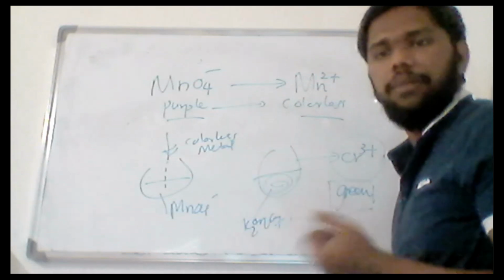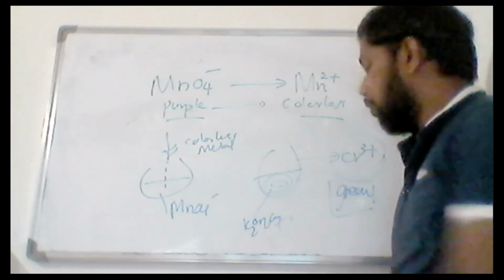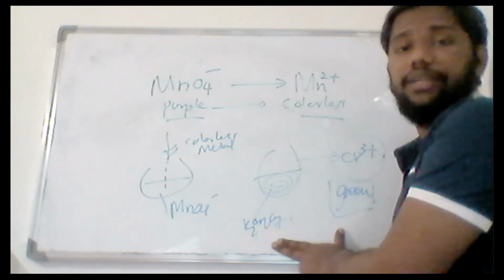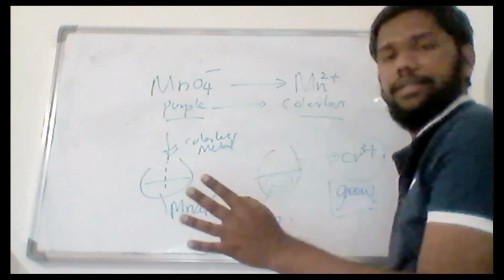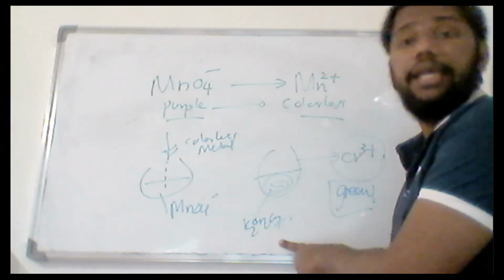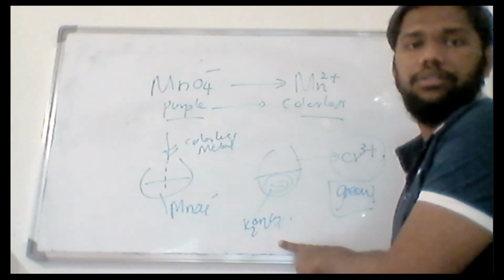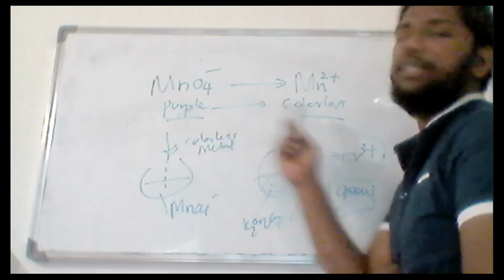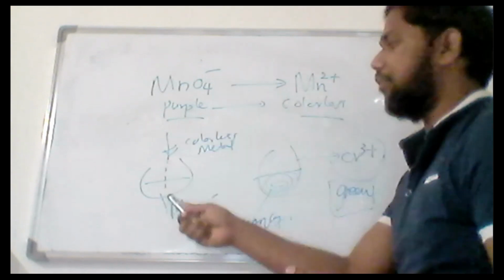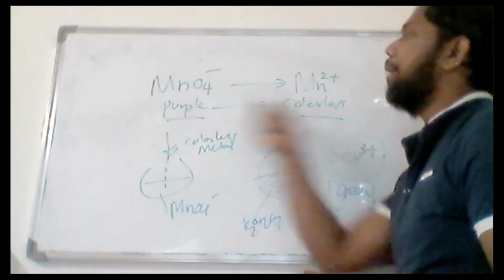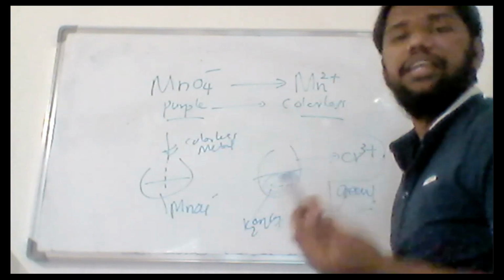So it is a problem. Therefore, you cannot do this titration very directly using only K2Cr2O7. Here you don't need other indicators to be added to the flask. You can use MnO4- as a self-indicator.